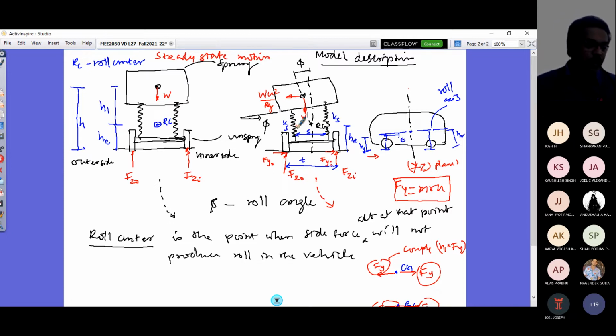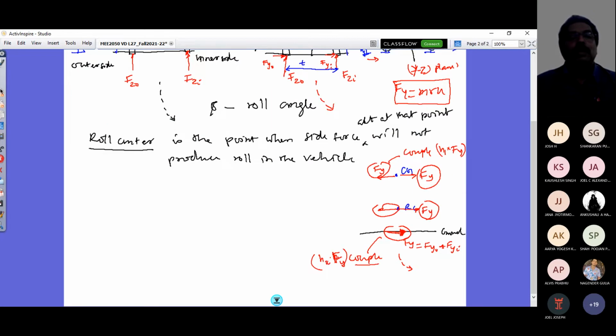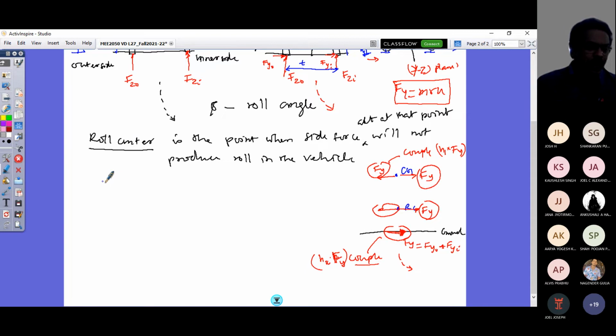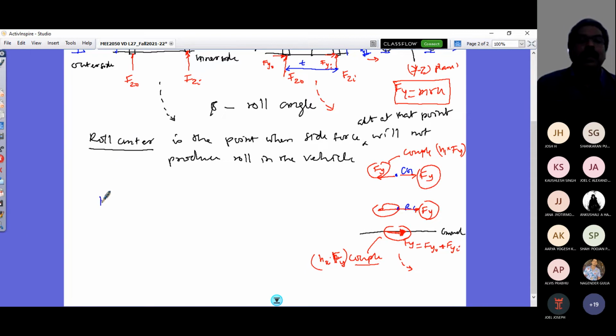roll angle. So let me write down the important equations now below from this described model, and we will be able to understand this physics nicely, right? So the very first equation is, I know my total lateral force required to be generated for taking a turn like this is Fy0 plus Fyi.